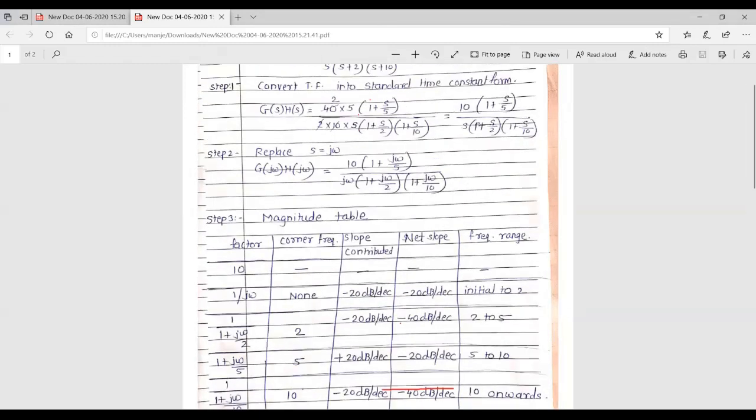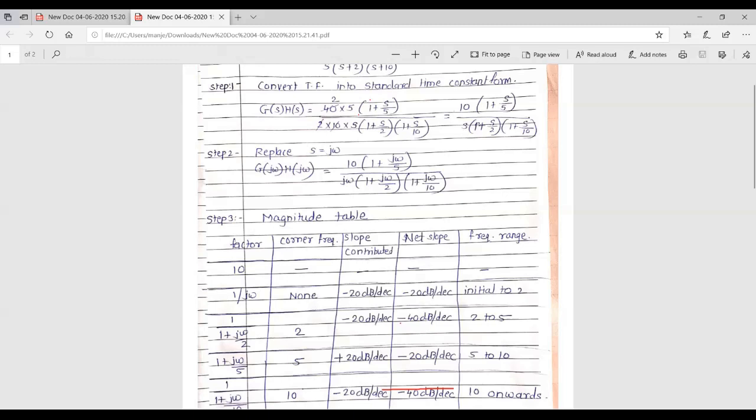In magnitude, we separated out all the factors and then found its slope contribution in order to sketch the magnitude plot. Similarly, for the phase plot, you need to separately consider each factor and then see its phase contribution. How much this 10 is contributing in phase, how much this 1 plus j omega by 5 is contributing, how much 1 upon j omega is contributing, and so on.